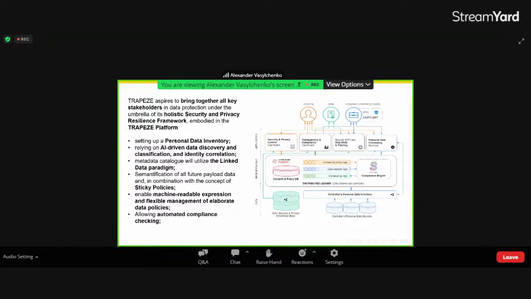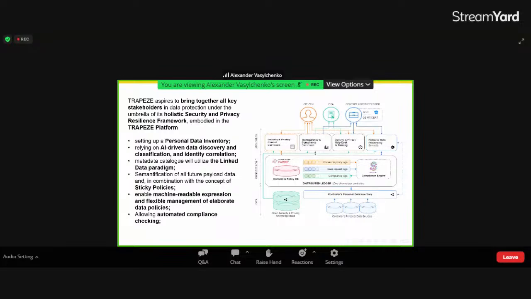payload a sticky policy. I recall that in Sentinel there is also a policy as a concept also introduced, which was pleasant to hear. So in our case, sticky policy is a kind of gluing policy information to the payload data persistently.